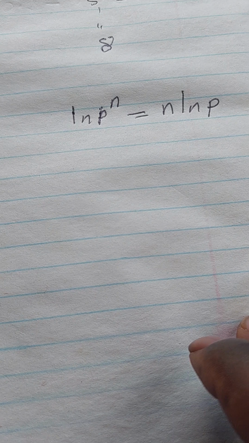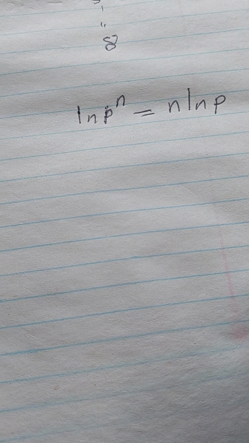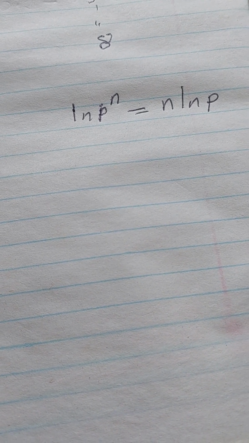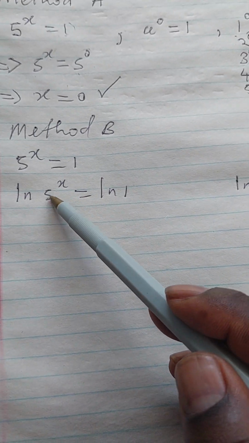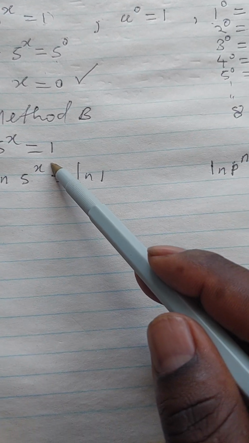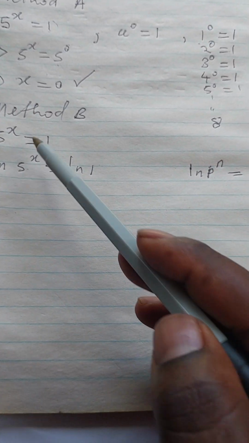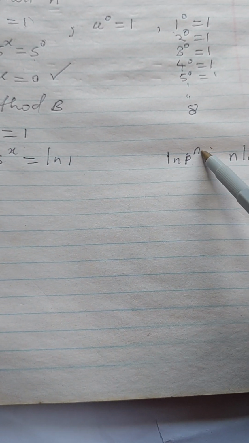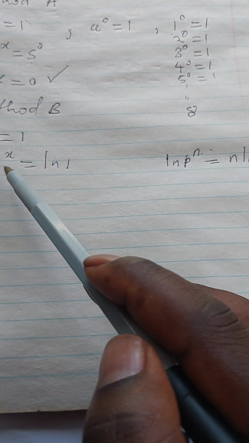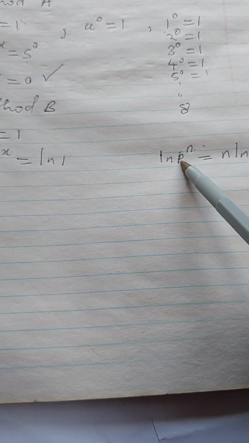So we compare here: this is natural log of 5 to the power x. We can compare it with natural log of p to the power n. Our x here compares to n, and our 5 compares to p.